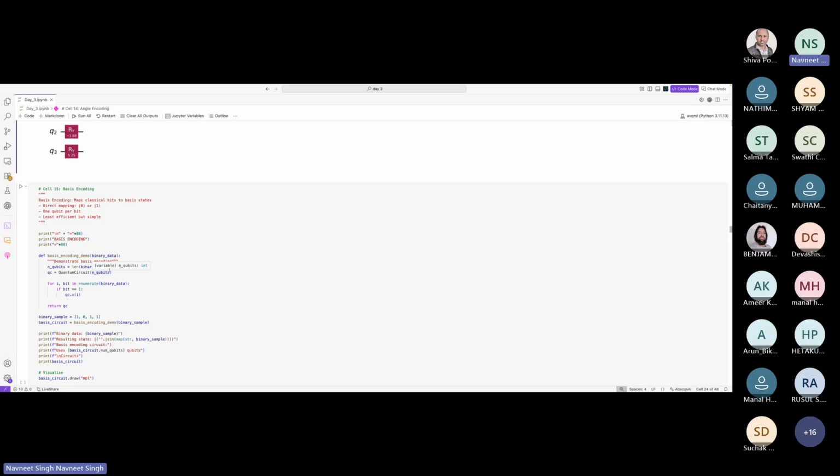You can think of these bits as representing yes or no features, like whether it is night or day, or whether it is raining. We take the length of the bit list to decide how many qubits we need.